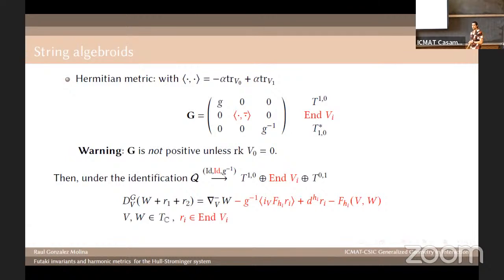So now we try to mimic Bismuth's observation and use the musical endomorphism to identify this bundle with this one. It's the same identification, and we get some new expression. One can check that if we drop the bundles, the terms having curvatures, etc., we recover Bismuth's observation. Okay, so it's a sign that we are on the right track.